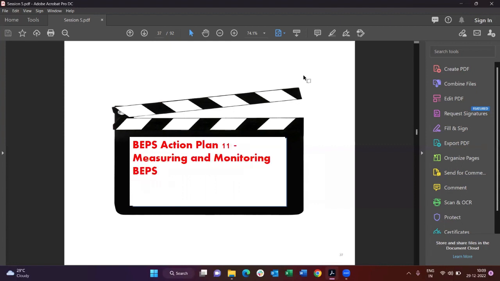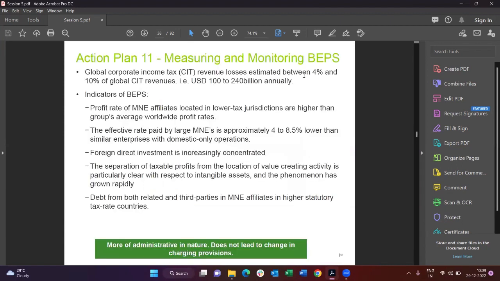So next is Action Plan 11, measuring and monitoring BEPS. When the BEPS project took out 15 action plans to avoid tax erosion or tax avoidance, they also took out an action point to measure and monitor BEPS. And this is more administrative in nature and does not lead to any change in provisions.